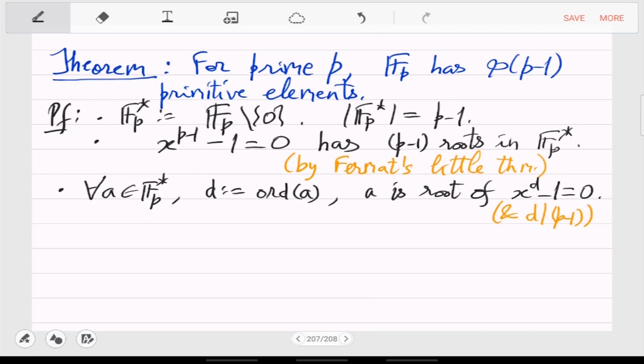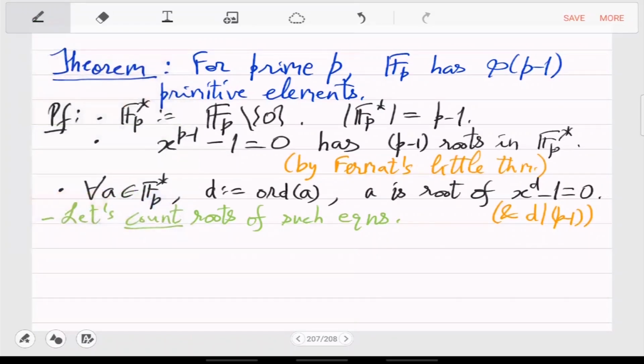So what we will do is, we will count the number of roots of these equations, and we will use some counting tricks. So let's count roots of such equations. The basic idea will be actually counting.